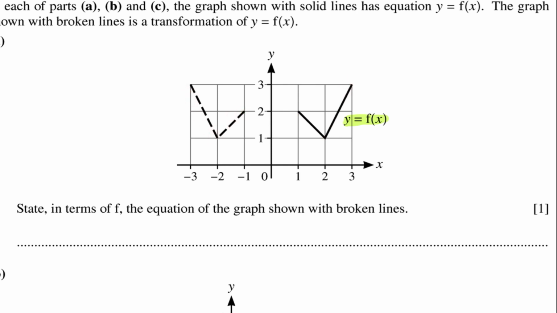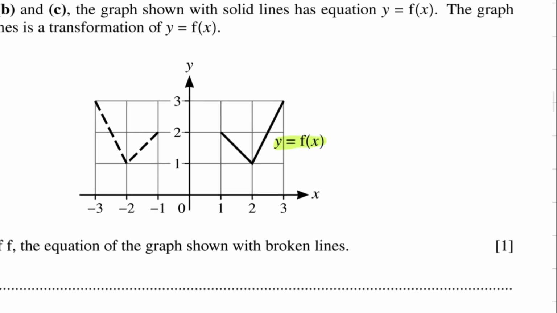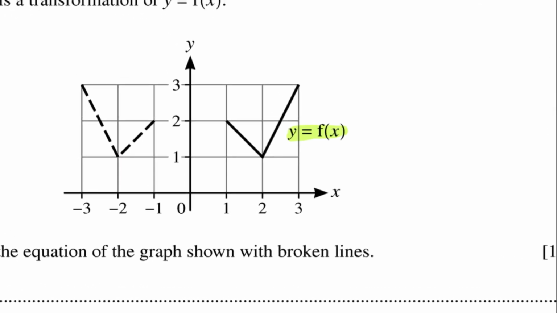As you can see, it's very clear that this is the reflection in the y-axis. Geometrically, you can see this is reflection in this line. Or you can see that you multiply all of your x values by negative. From 1 becomes negative 1, this is the point.